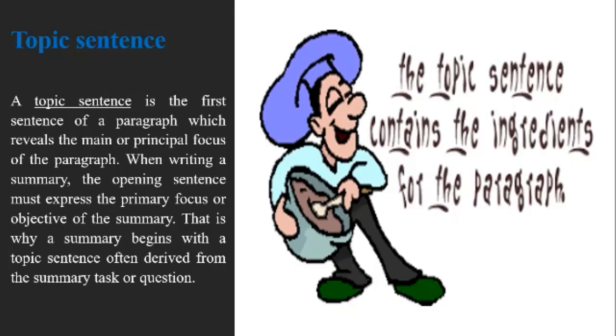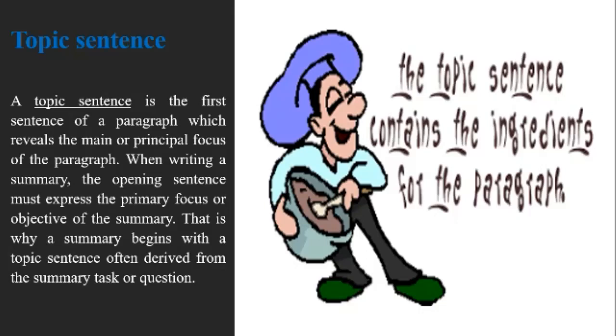I often tell my students that the first thing they must begin a summary task with is a topic sentence. The topic sentence is that sentence that reveals the focus of what they are doing. So how do you craft a topic sentence for your summary? The best way is to craft the topic sentence from the summary question.